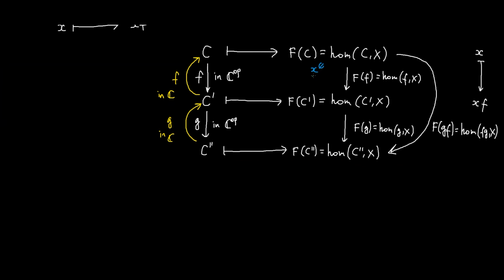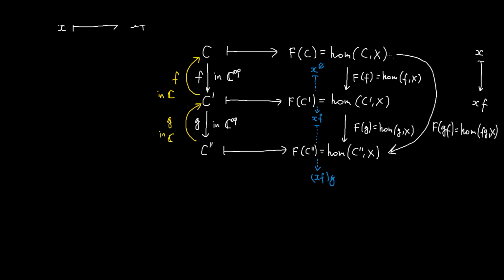Well, we know what happens there, and x gets mapped to xf, right? And then when we map this further along Hom(g, X), so the pattern here is that the arrow gets attached to the right side of the element, right? So the g will be attached to the right side of xf. So it will be xfg.